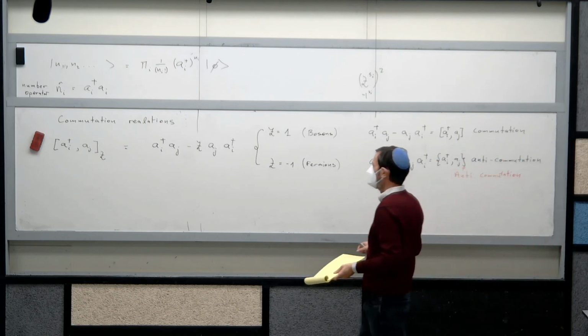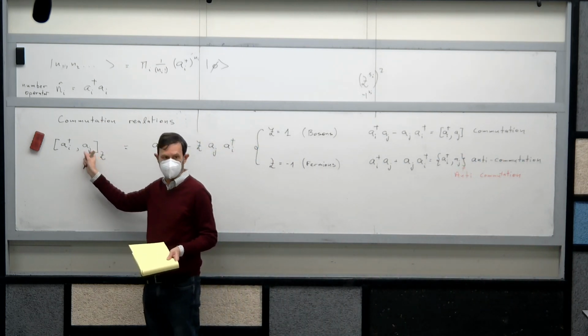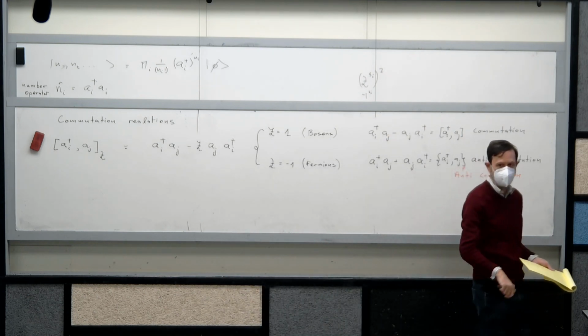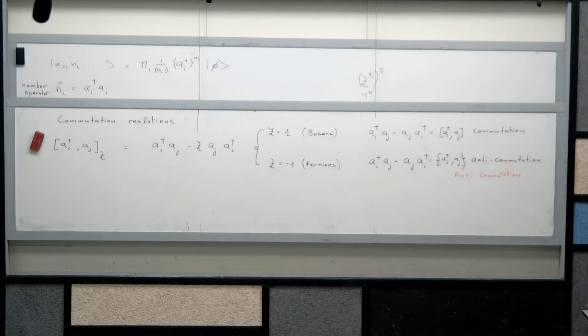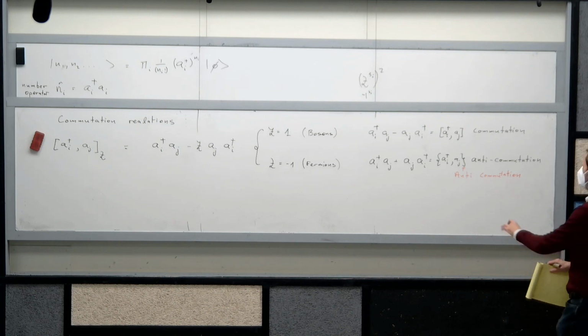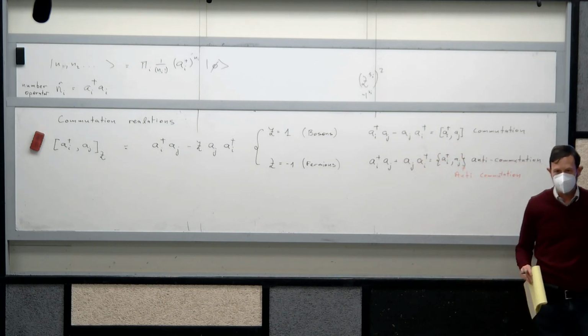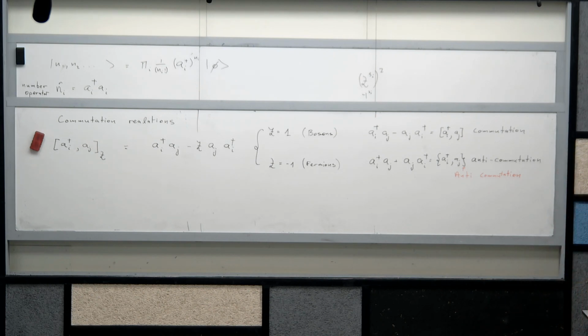Actually most people don't use this notation, but use the square and curly brackets to define. Square brackets is a minus sign, curly brackets is a plus sign.